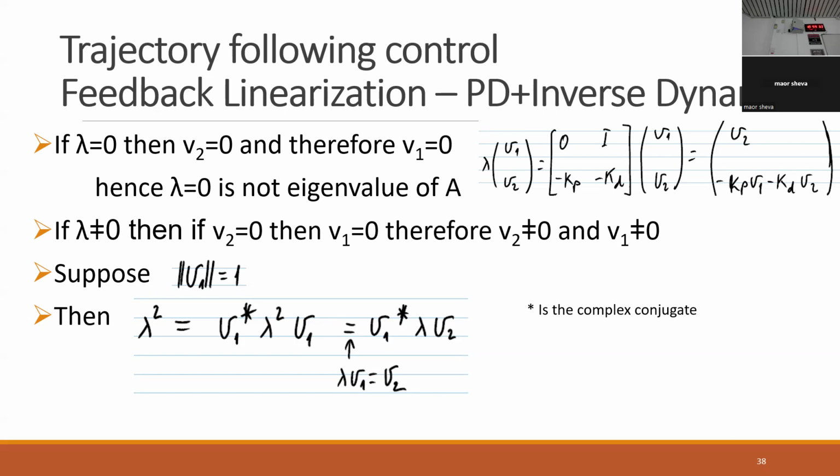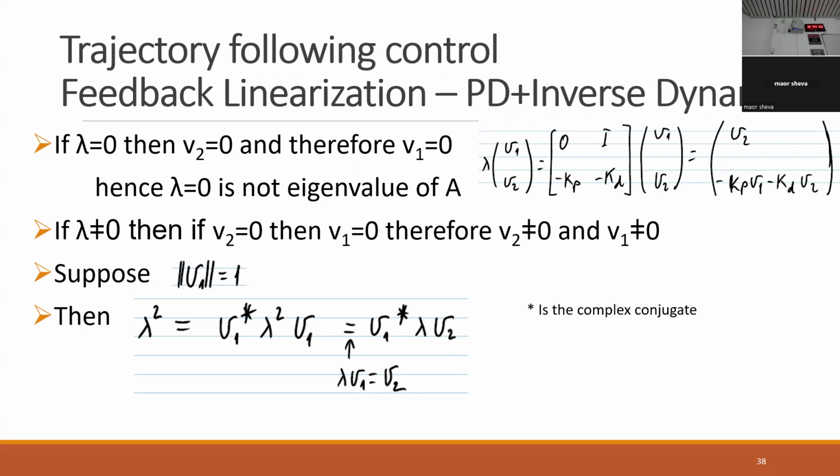This is lambda V1 times lambda V1 times V1, the complex conjugate of V1, and V1 length is 1.